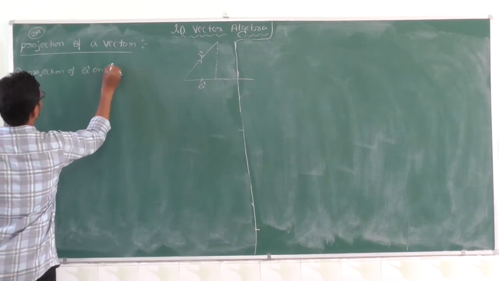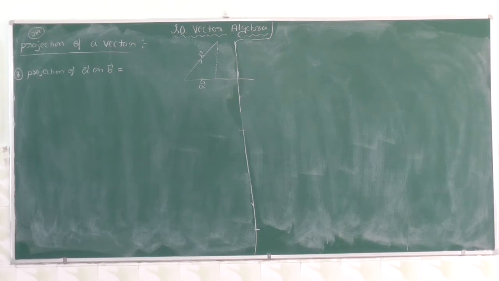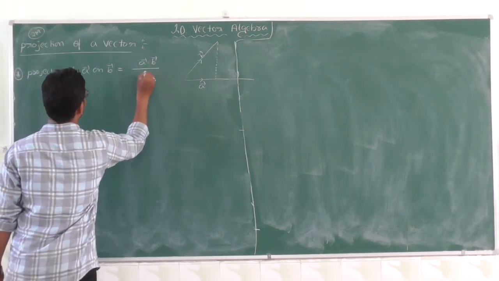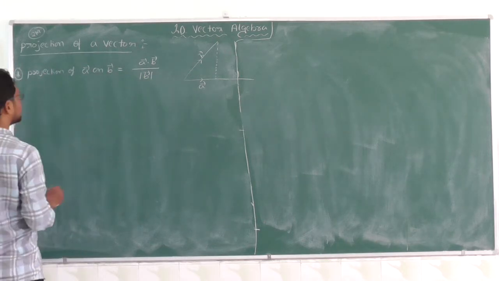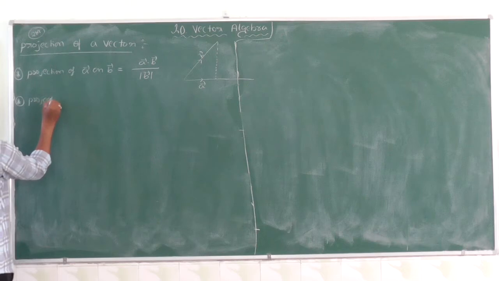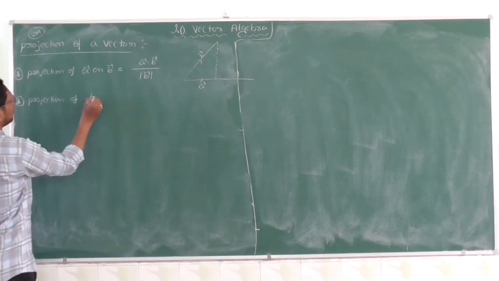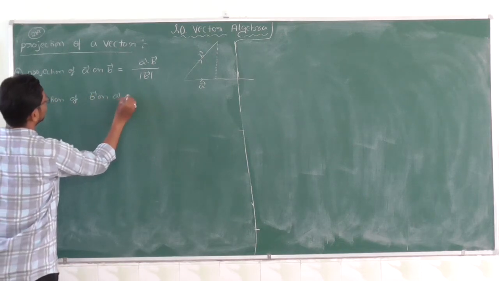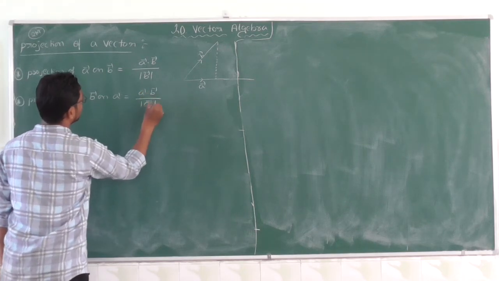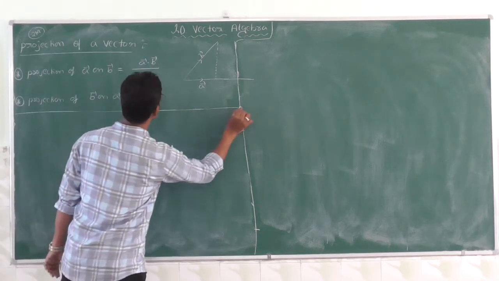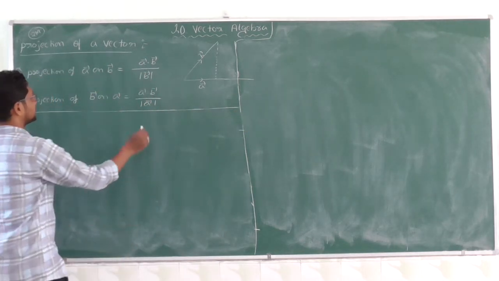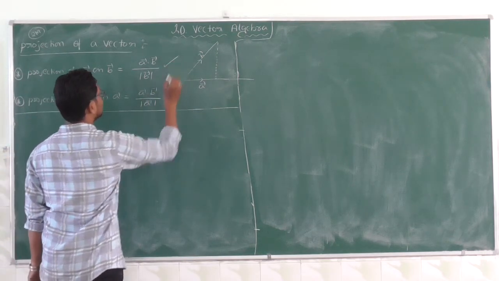Projection of A vector on B vector is A dot B divided by magnitude of B. Similarly, the projection of B on A is A dot B divided by magnitude of A. These are the formulas to find the projection of a vector.